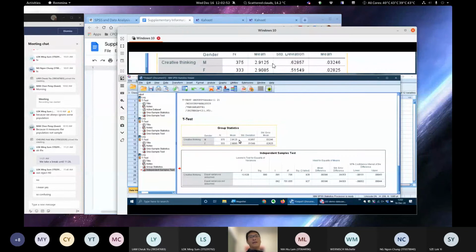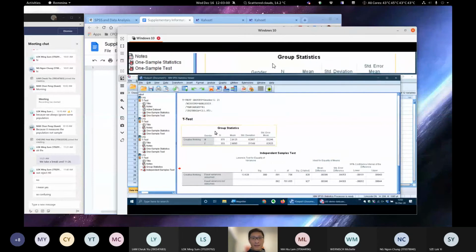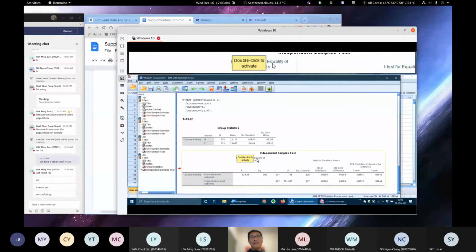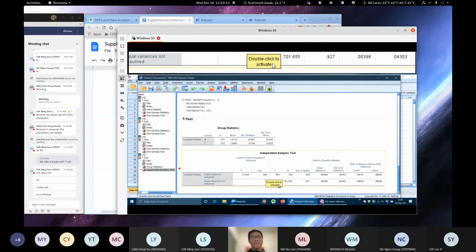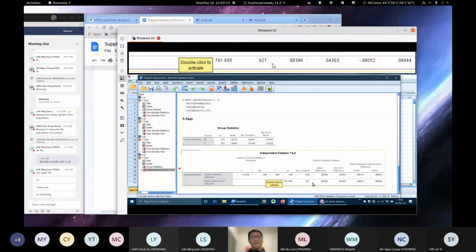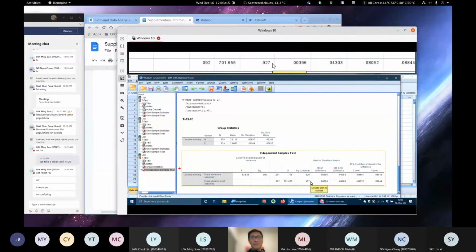Okay, the whole thing is quite complicated, so let's go through it once again, but this time a little bit faster. Look at the independent samples t-test. First of all, look at the Levene's test result. It is smaller than 0.05, so we look at the second row. And the second row gives you a p-value of 0.927. So the conclusion of the t-test is that there is no difference.